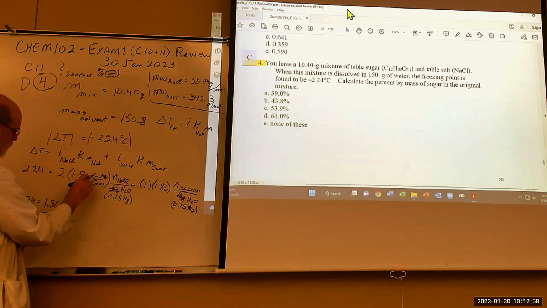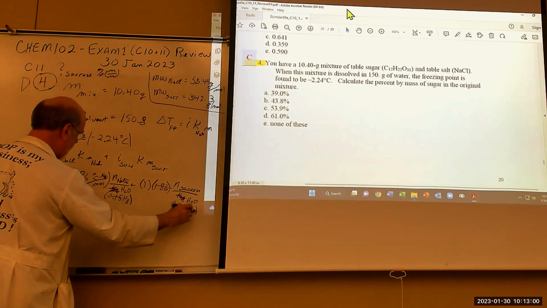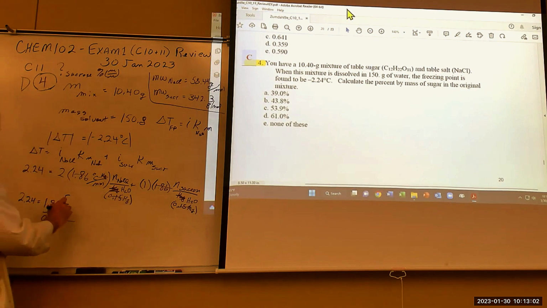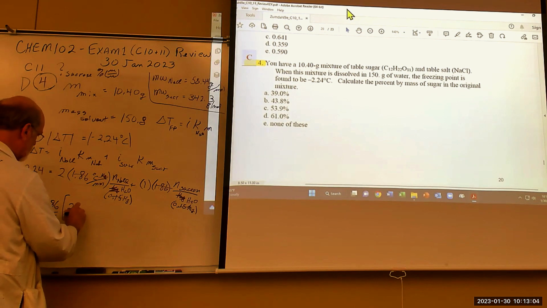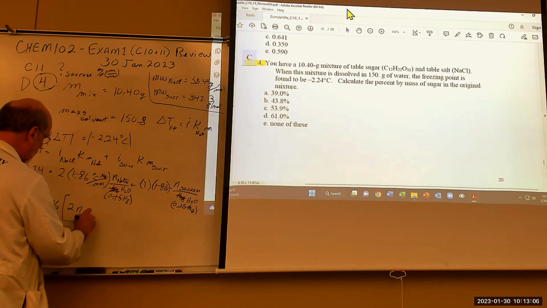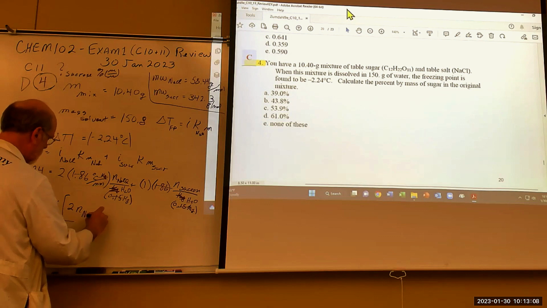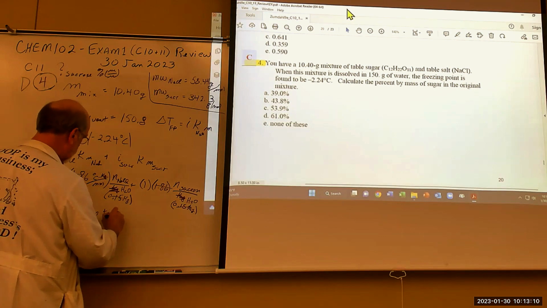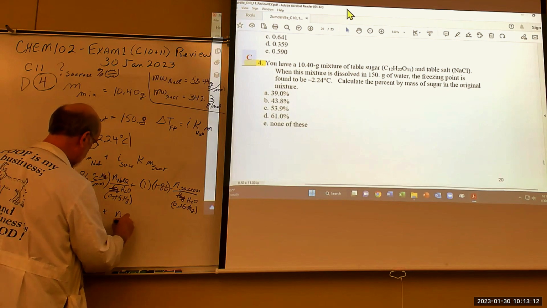So we got rid of this one, that one, that one, and that one, and now we have left over 2 times moles of sodium chloride plus 1 times moles of sucrose.